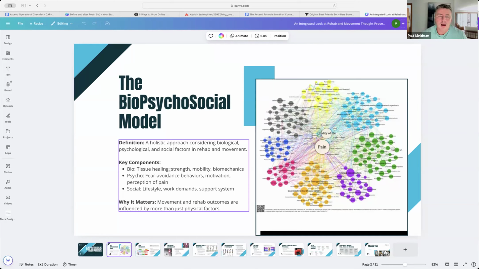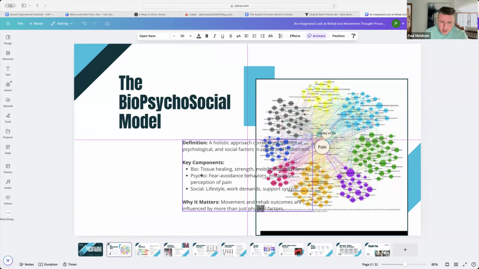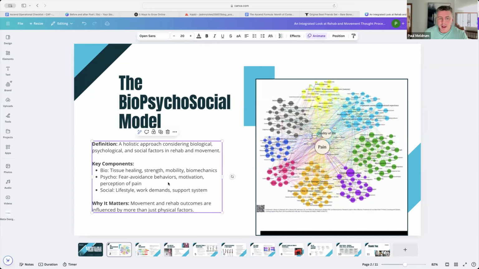A lot of people in the psychosocial sphere will say that that is actually just creating more fear avoidance behaviors and increased perception of pain. When in reality, if there is still an issue with the tissues and they go into it too early, you can actually exacerbate the problem. So a lot of people will always think it's all this other type of stuff and not think that tissue healing actually matters.